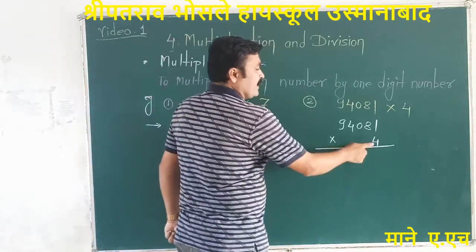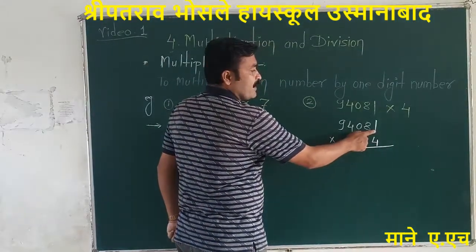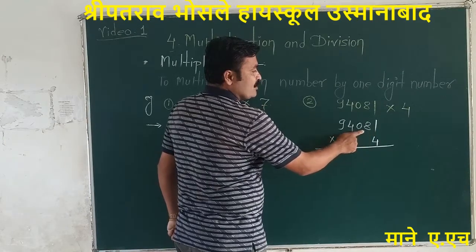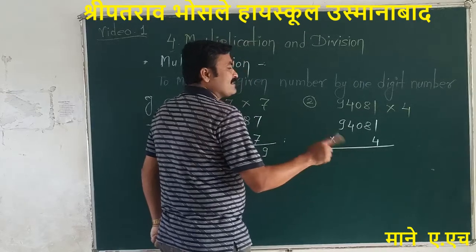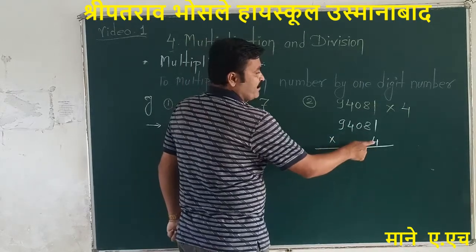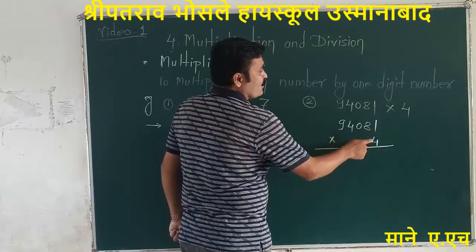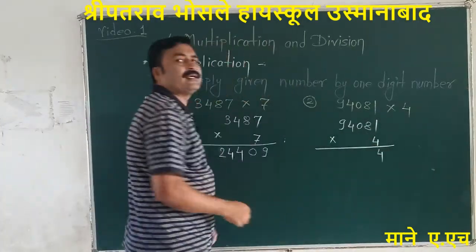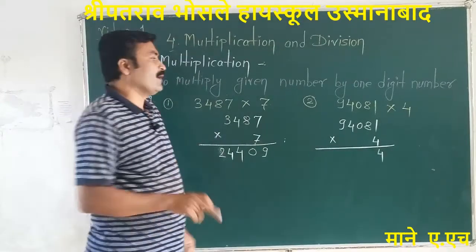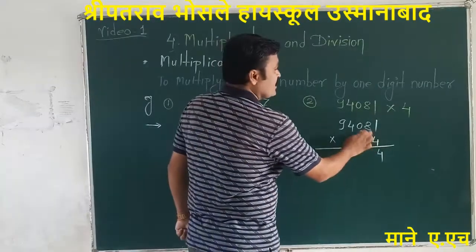That means by this 4, first we multiply the 1, then 8, then 0, then 4, and at last 9. So let's start one by one. 4 into 1, 4 ones are 4. So we write 4 as it is. There is no carry.